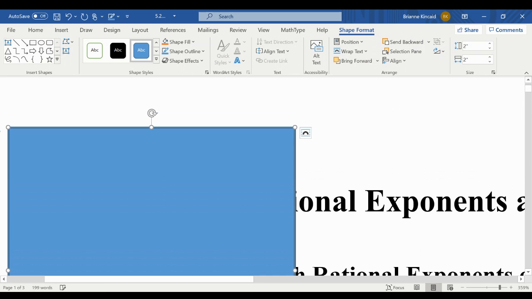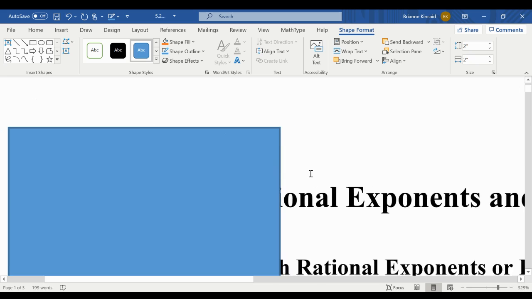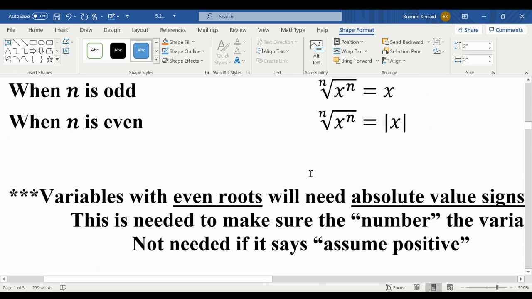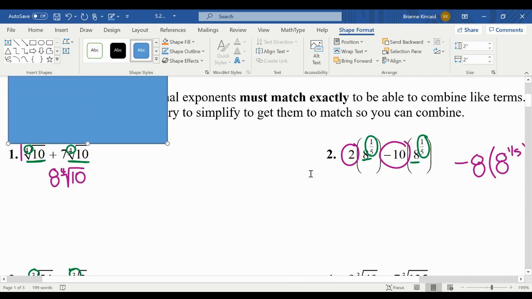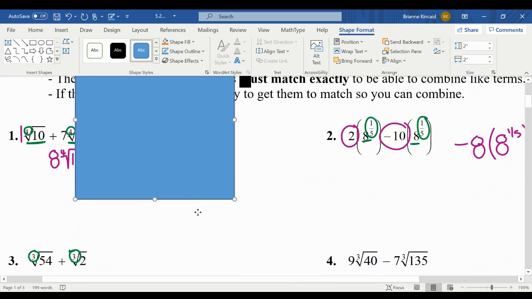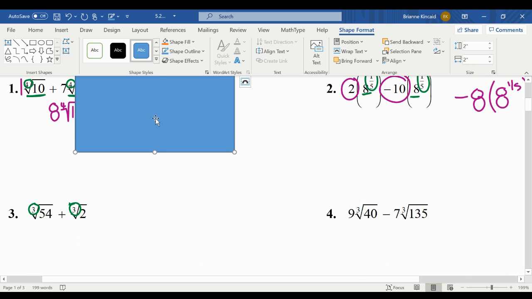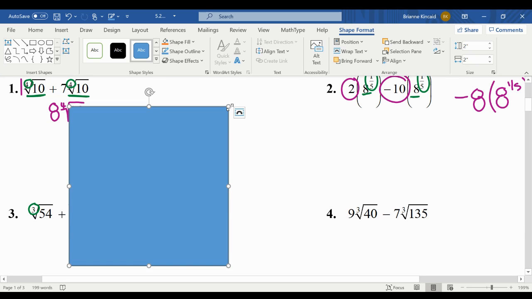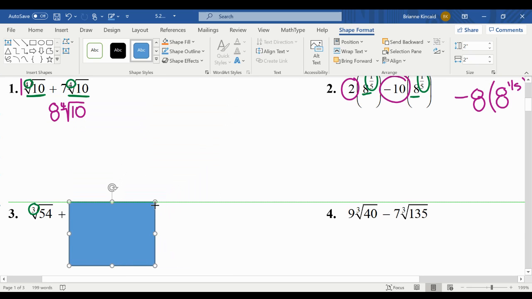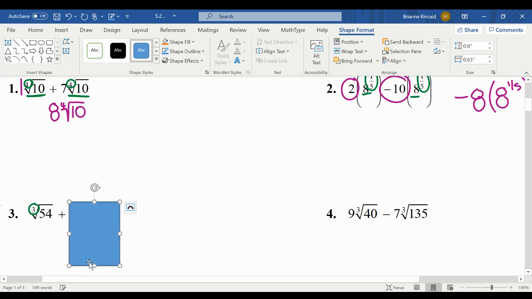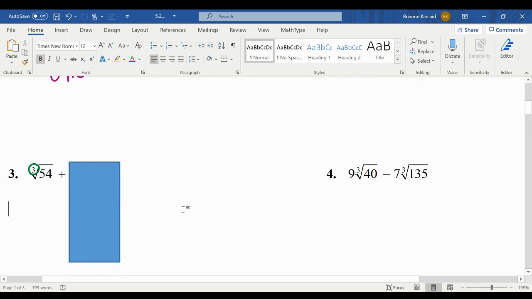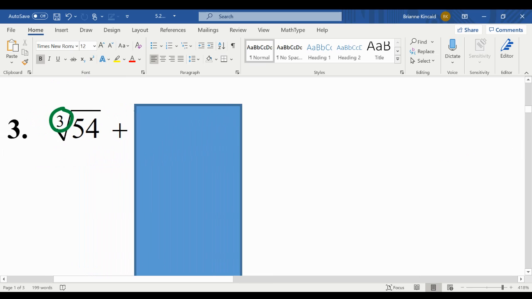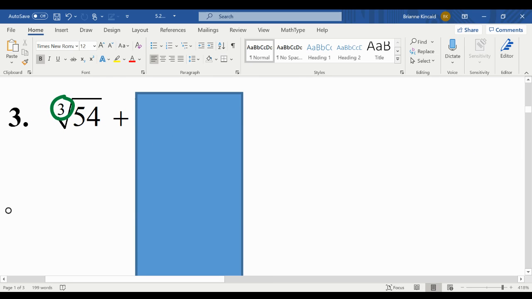So you can take a piece of paper, you can take a sticky note, something, and all you're going to do is you're going to cover up, and I'm going to use this box to help us. You're going to cover up the right side of your problem, and we're only going to focus on the cube root of 54. And we're going to try and break this down as far as we can get it to go.